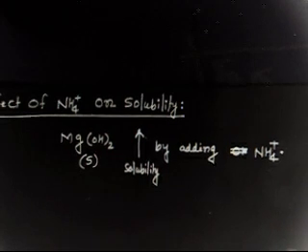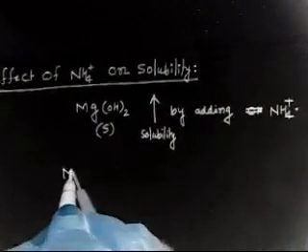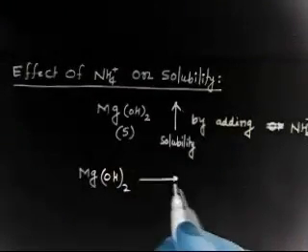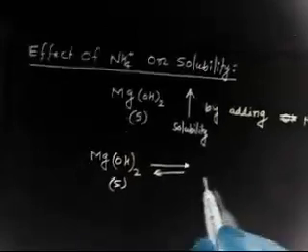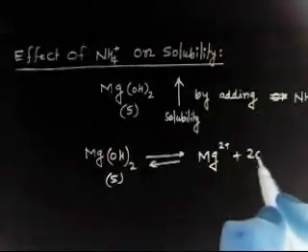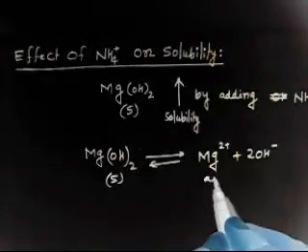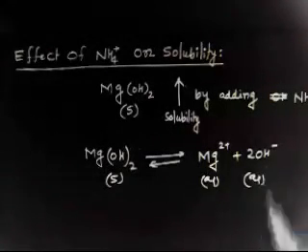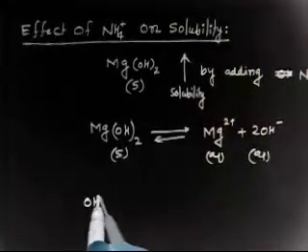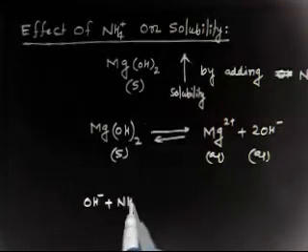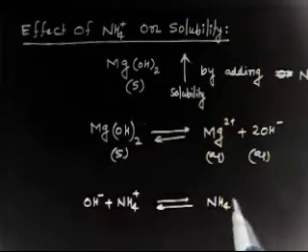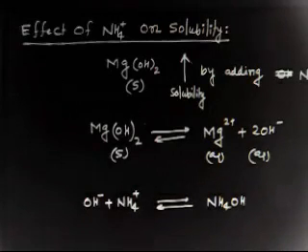Yeah, that's right. You see, what is happening? You have Mg(OH)2, which is a solid. This will dissociate and give you Mg2+ and 2OH-, both aqueous. Now this OH- can further react with NH4+ to form NH4OH, and that's why its solubility can be increased.